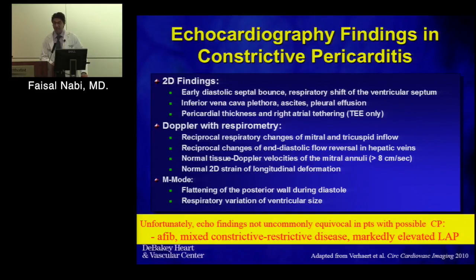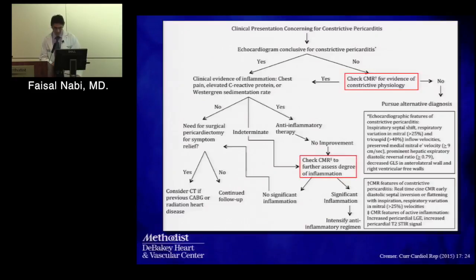In patients who have mixed constrictive and restrictive disease, yes, maybe rare, probably more associated with radiation disease, but if anywhere we're going to see it, we're going to see it over here. And those patients who have markedly elevated left atrial pressures can also blunt some of these traditional findings. So what does the expert consensus recommend CMR for?